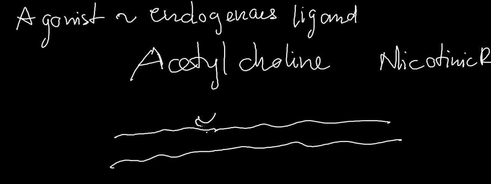So this is the receptor. Physiologically, acetylcholine, after being released from the neuron, will bind here. You can think of it as a key and a lock. If the key binds to the lock, it will unlock it and trigger a response inside the cell. So this is an endogenous ligand.